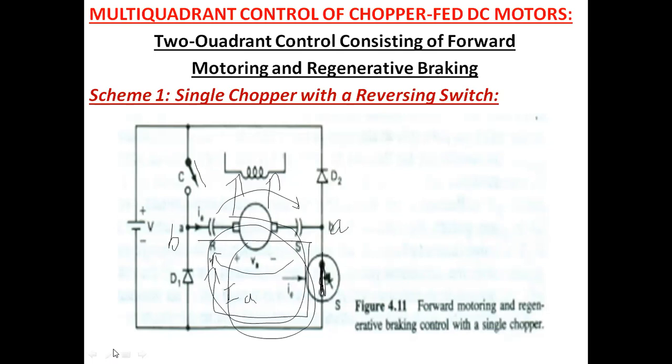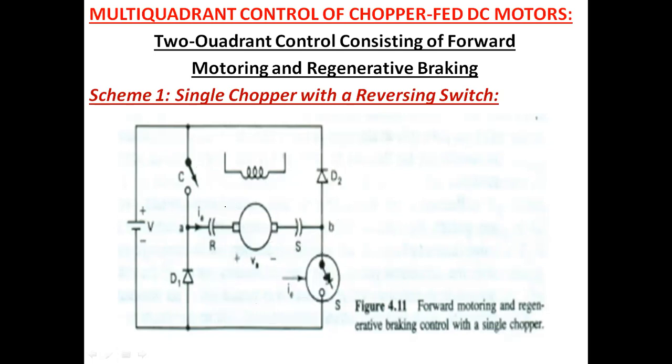Next, consider again C is open and now switch S is also open, not closed. So now B will be like this, A will be like this.